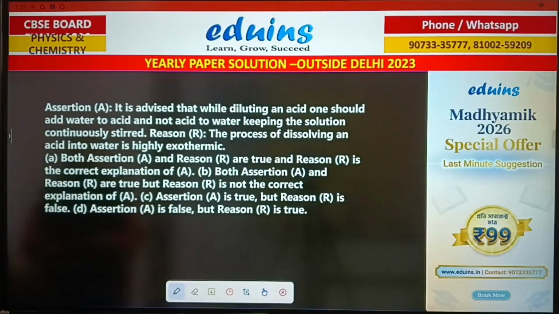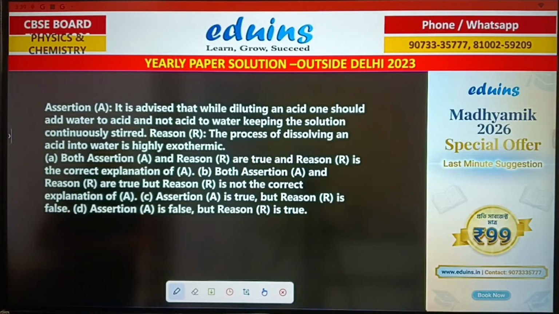It is advised that while diluting an acid, one should add water to acid and not acid to water, keeping the solution continuously stirred. Reason: the process of dissolving an acid into water is highly exothermic. So, what will be the statements and the options?